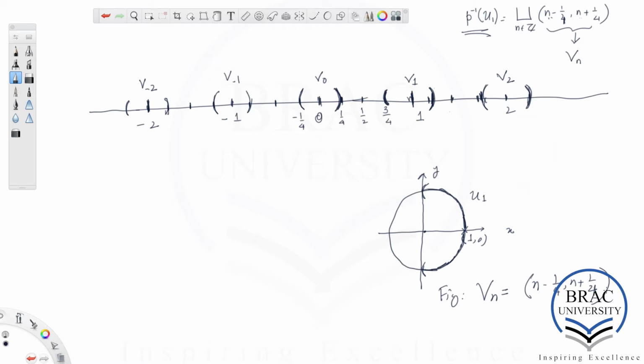Okay, so from the figure, it's immediate that the open sets Vn that we define to be n minus 1/4 to n plus 1/4 for n belonging to the set of integers are disjoint.